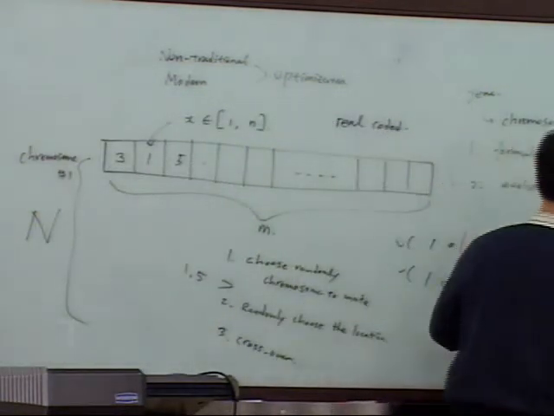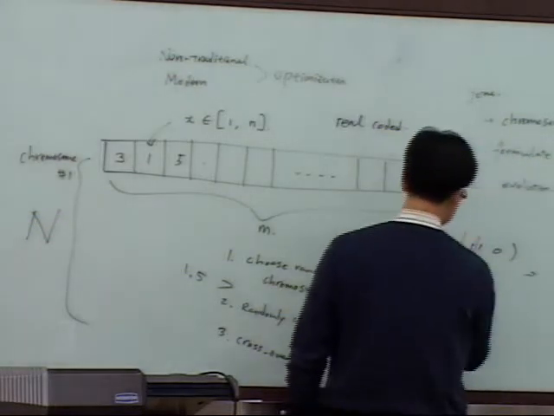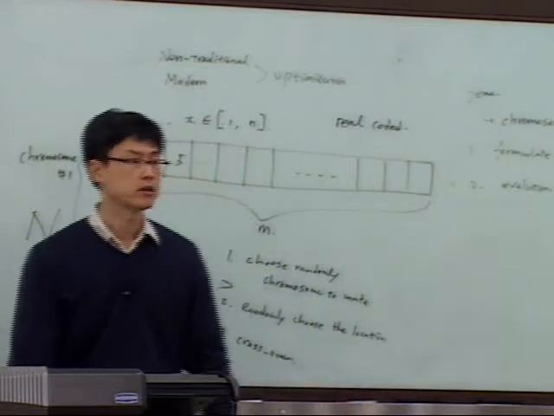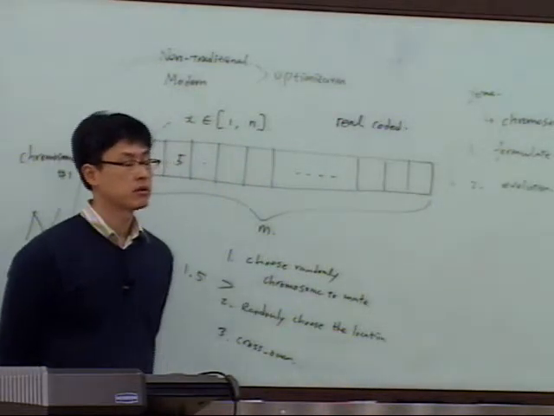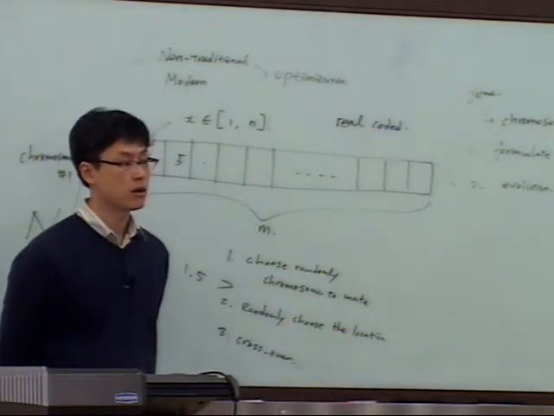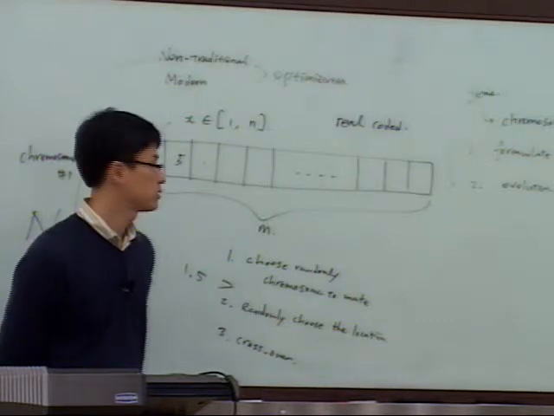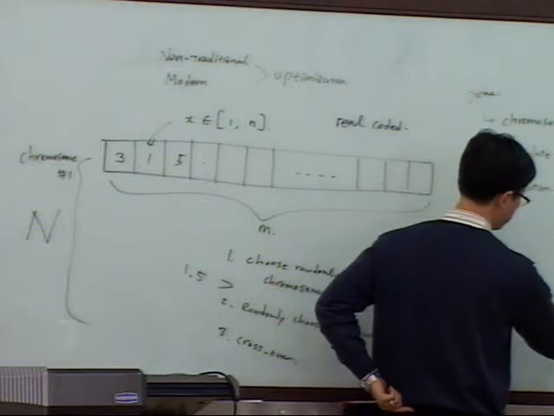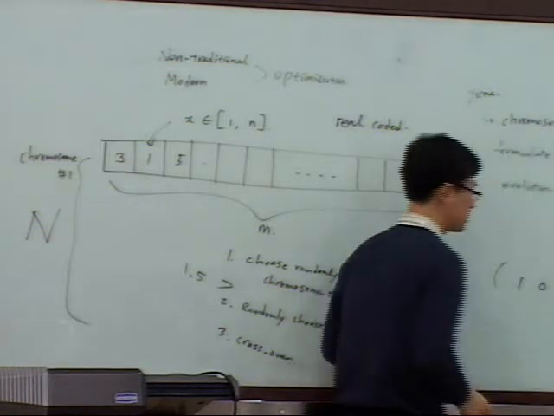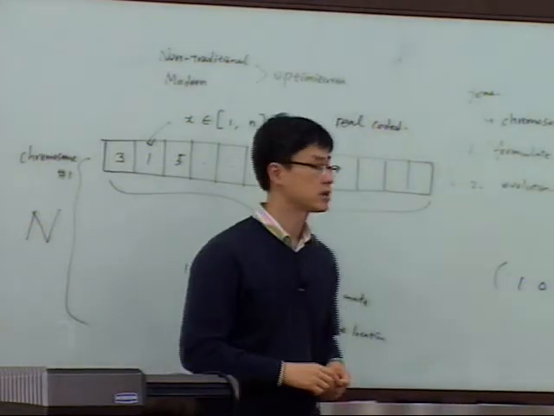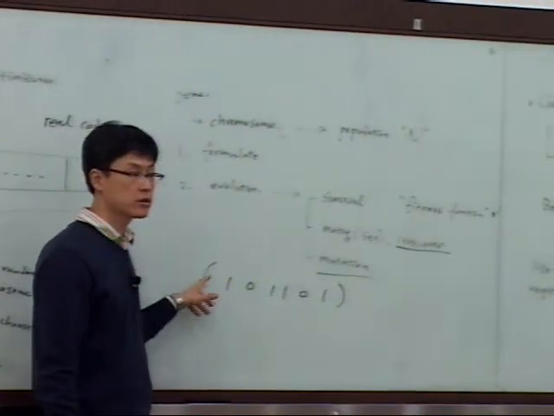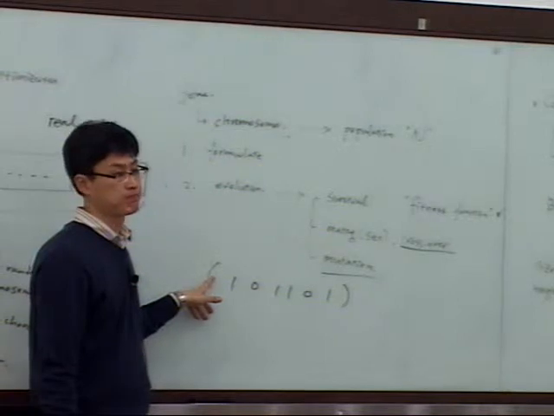And mutation is, as you know, just a random event. Some of the genes in your chromosome are just mutated. So, for example, 101101. Let's say this is one chromosome. You just randomly select one chromosome.